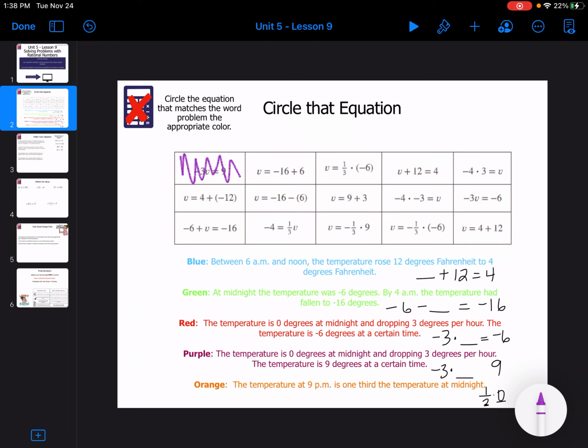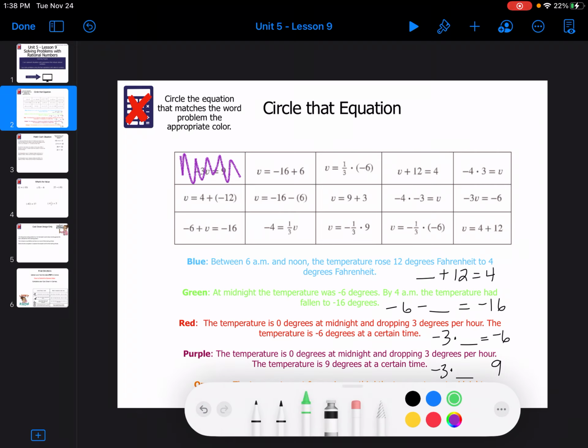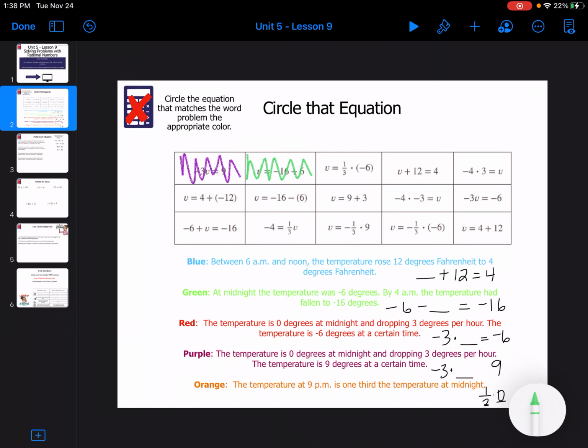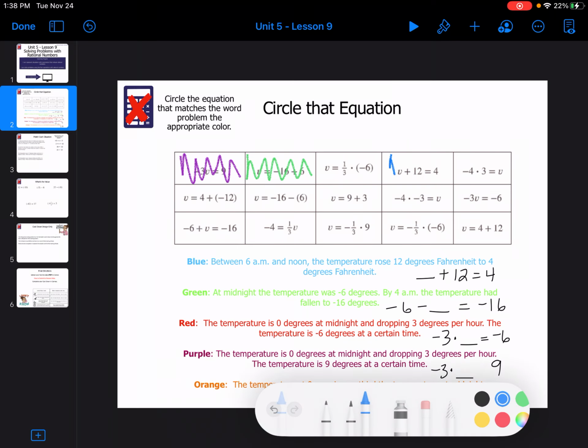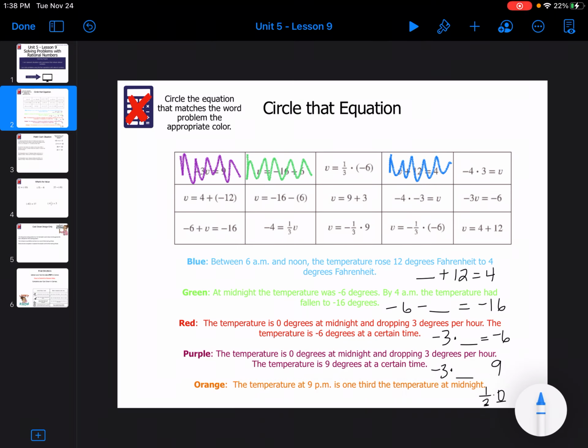So that one has to go with the green. 1/3 times -6. I'm not sure because this one doesn't say -6. Something plus 12 equals 4. Well, that's an easy one. That's blue.